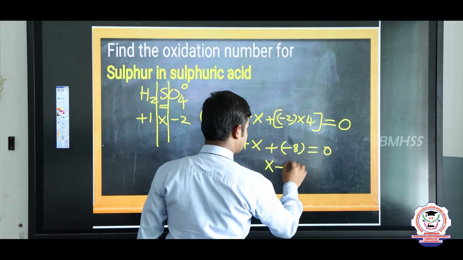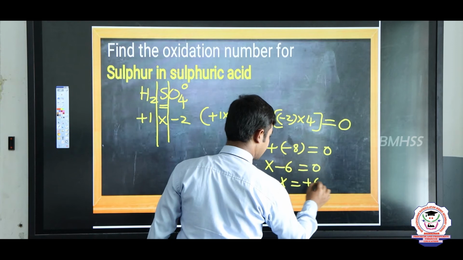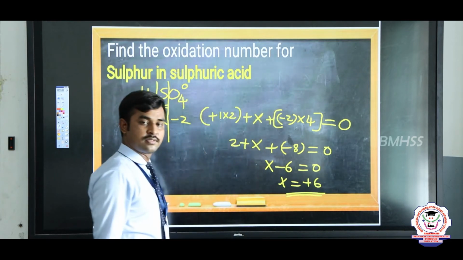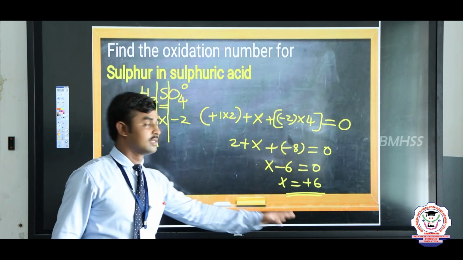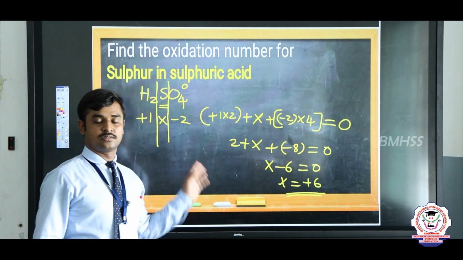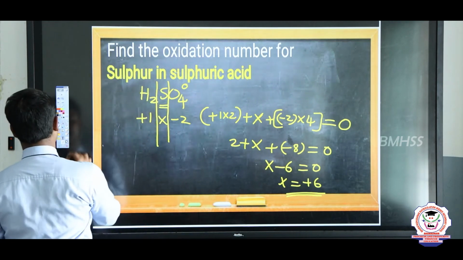So, X minus 6 equals 0, so X is equal to plus 6. As per the rule, the sulfur's oxidation state is plus 6 in sulfuric acid. So, this is the second model sum, and we have another calculation here.